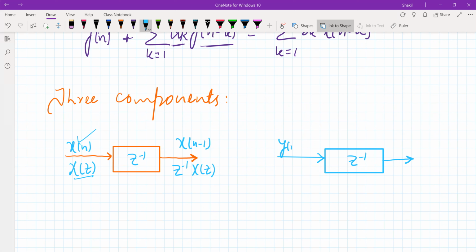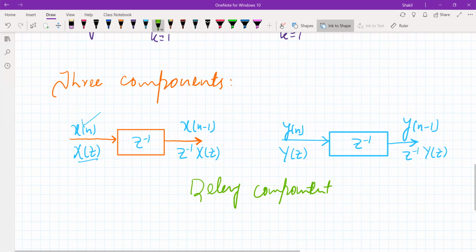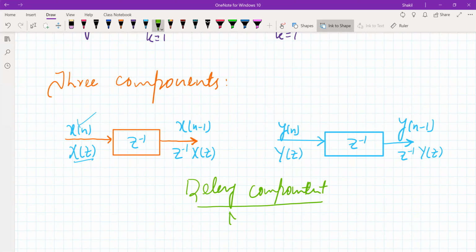The output will be y of n minus 1, or in the frequency domain, if the input is y of z, the output will be z inverse y of z. So these are delay components. The first component is the delay component, or you can also call it memory.